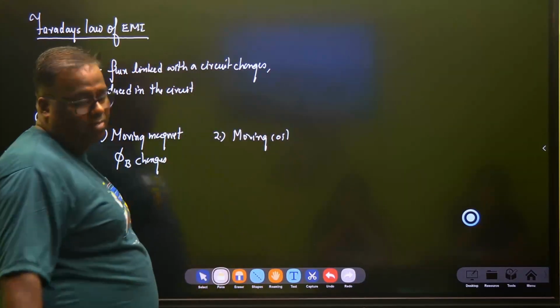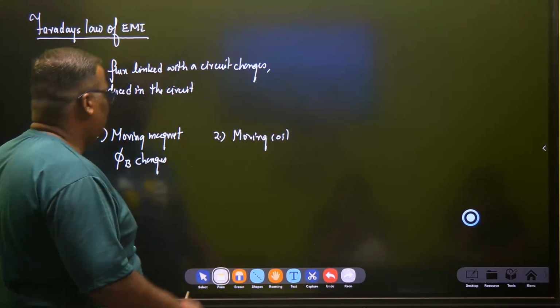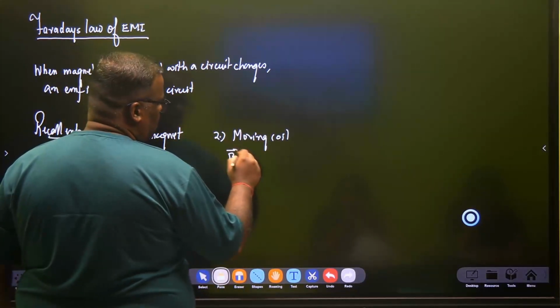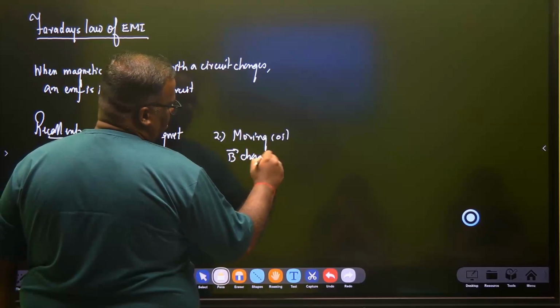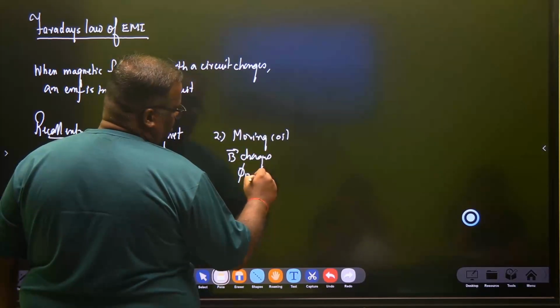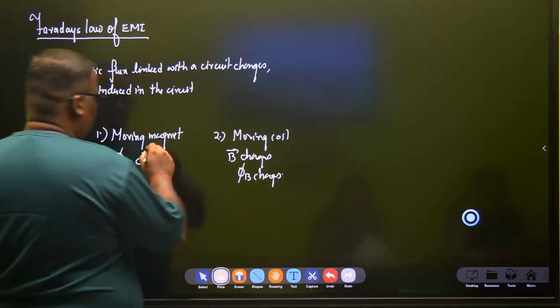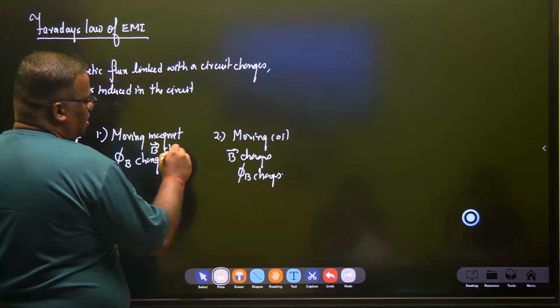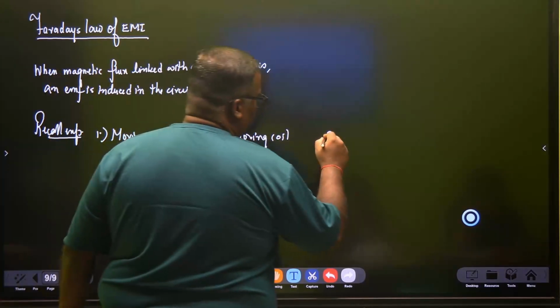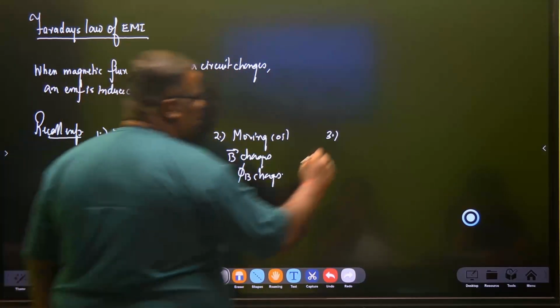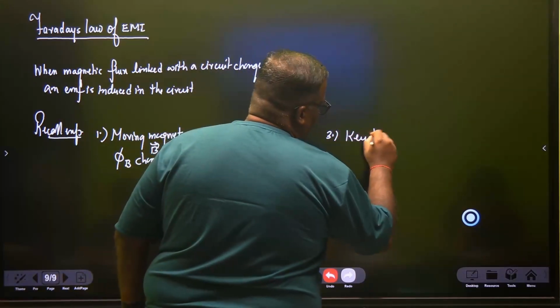Moving coil. In moving coil also, we will say B changes, phi B changes. Here also we can write B changes. Our third one was key turned on.